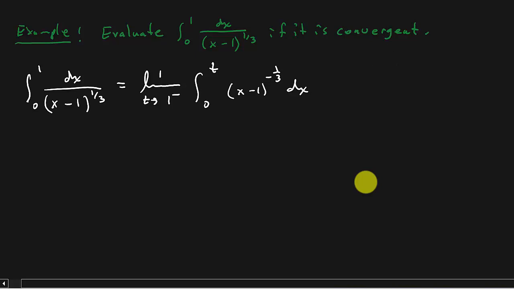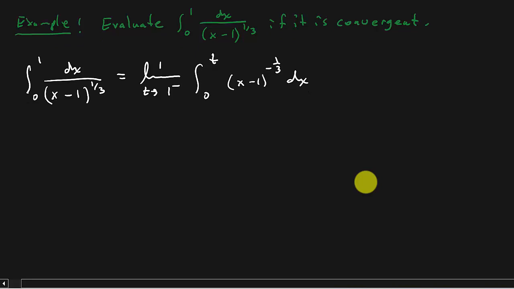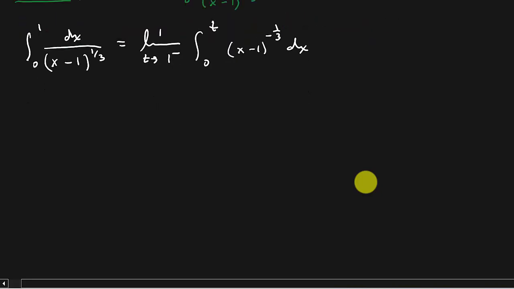All right, so, you know, like I said before in the earlier problems, if you have something that might be a little more complicated to integrate, then go off to the side, integrate it, and then just write your answer down. And then that way you don't have to keep writing this limit every time. So if we just look at this, x minus 1 to the negative 1/3 dx, well, how would you integrate that?